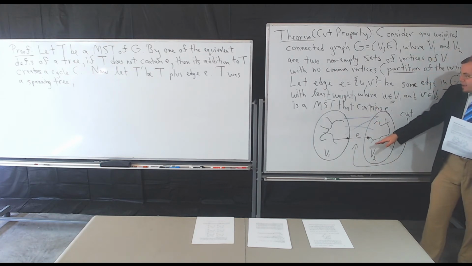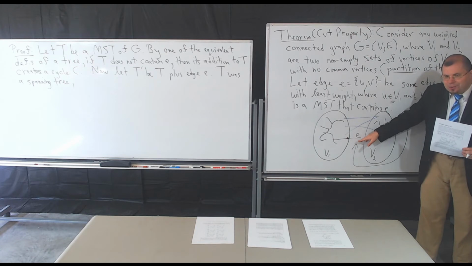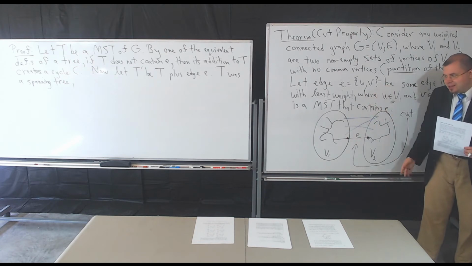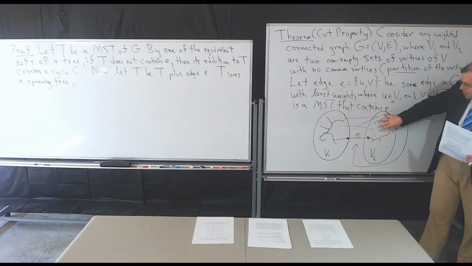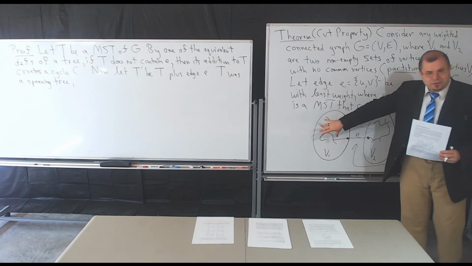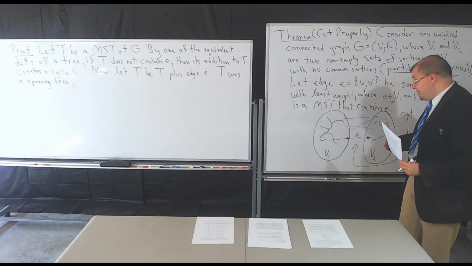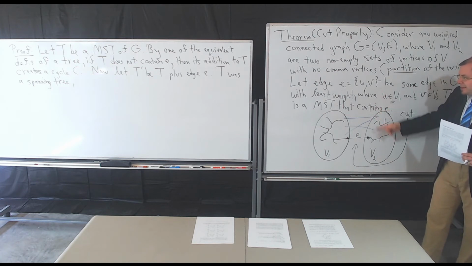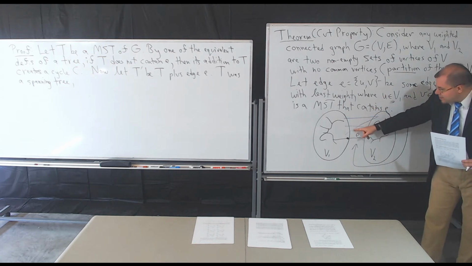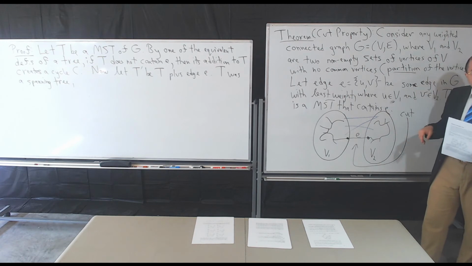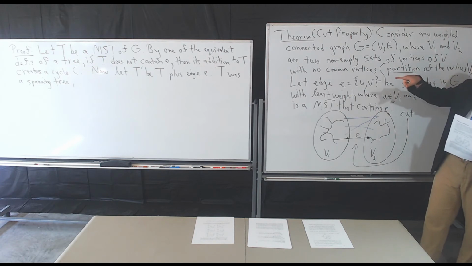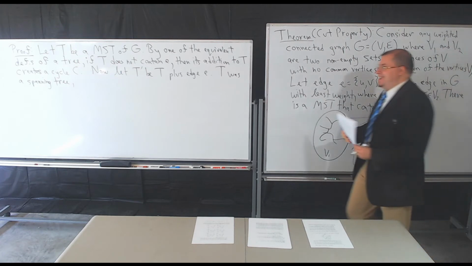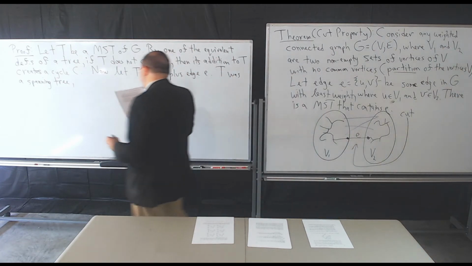Is there anything I can say about something along with these blue edges? Because there's got to be something that connects all these vertices over here to those that are over here, right? Because it's a spanning tree. So what happens? Can any one of these be a part of this cycle C? The answer is yes, it can be. And in fact, it is.